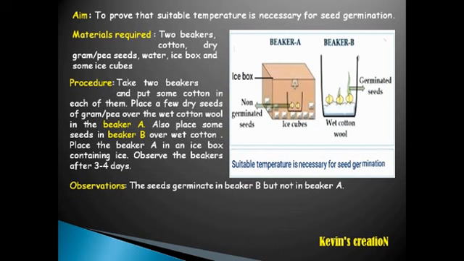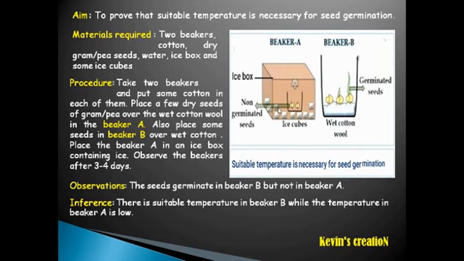But in A, it gets air, and it gets water because it is kept on the wet cotton wool, but it is not getting the suitable temperature range because it is kept inside the ice box. There is suitable temperature in beaker B, while the temperature in A is low. That is why the seeds fail to germinate.